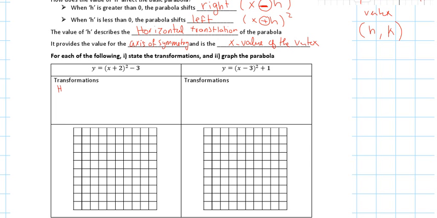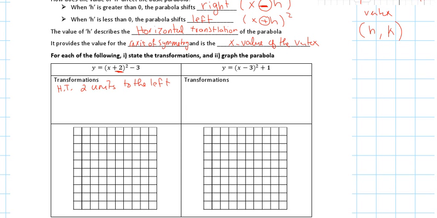Horizontal translation, which way? 2 units to the left. That's right. Because it's positive, that means the h value is negative. How about the negative 3? Vertical translation, 3 units down.